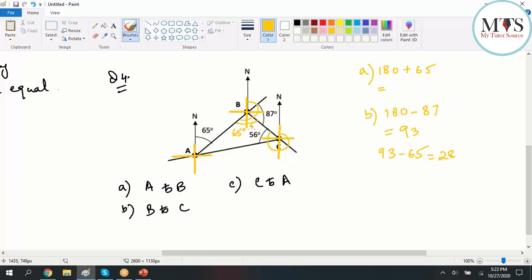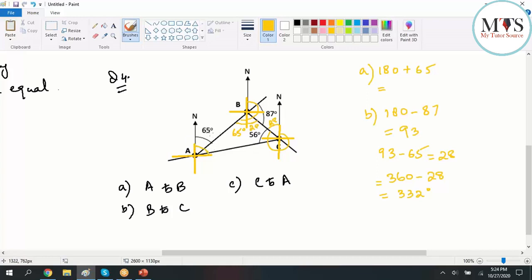So now 28 is over here. So alternate angles, if this is 28, this is 28, right? So then 360 minus 28 equals 352. Okay. Bearing from C to A, that would be this one.